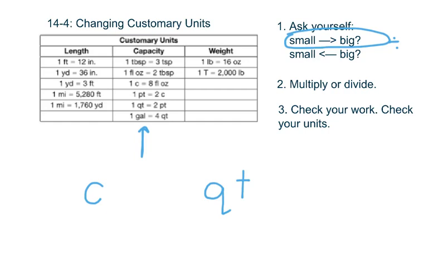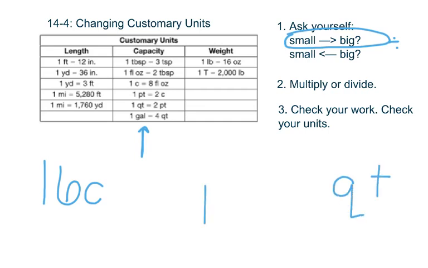So let's say I have 16 cups. Instead of going right to quarts, I'm actually going to change it to whatever unit is in between them. So using my chart, I notice that 16 cups can be changed into pints first. So 16 cups. If I'm going from cups to pints, I'm still going from small to big, so I'm going to divide. 1 pint is equal to 2 cups, so I'm going to divide by 2.